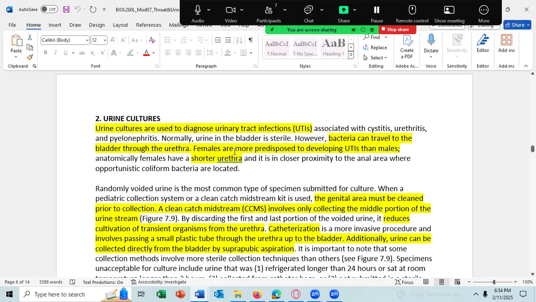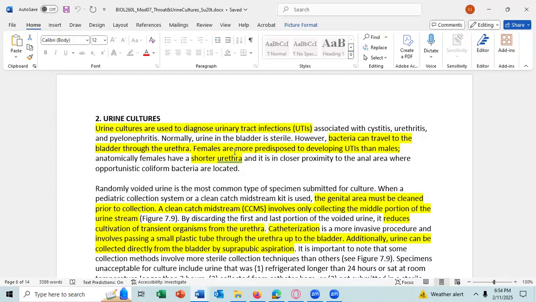As you recall, at least in female bladders, they do have the normal microbiota in their urine inside the bladder, but this is normal microbiota. It does not cause a urinary tract infection. And in fact, only recently, within the last 15 years, have scientists and doctors even known that there is bacteria in the bladder, at least in females.